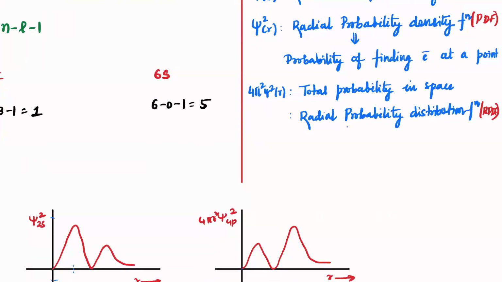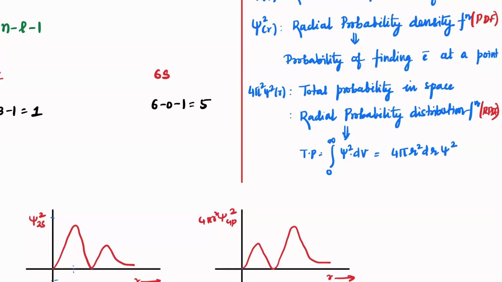Now, what does this represent? Total probability is simply from 0 to infinity across the entire volume. You are integrating the psi square value across the entire volume. The radial volume which you calculate is exactly 4 pi r square, the surface area of the sphere, into dr, into psi square.